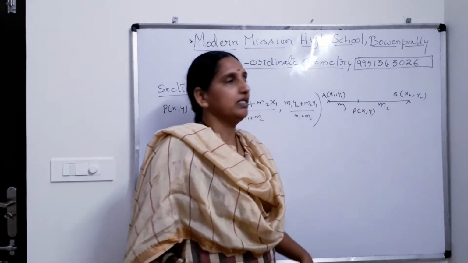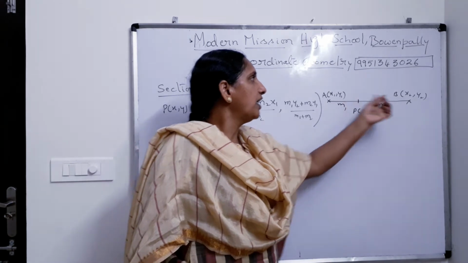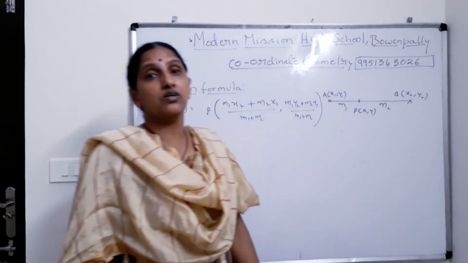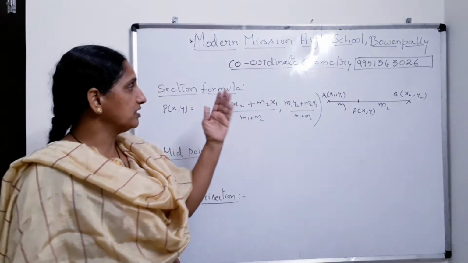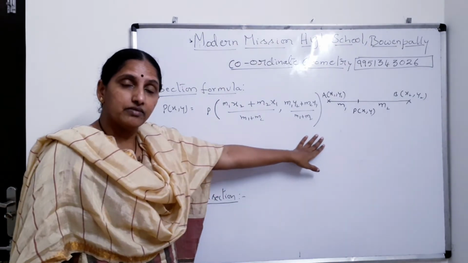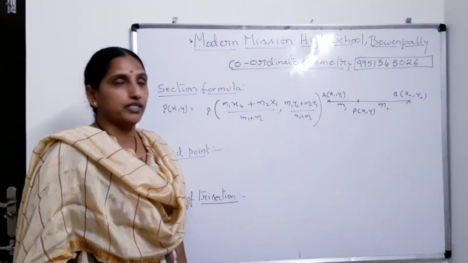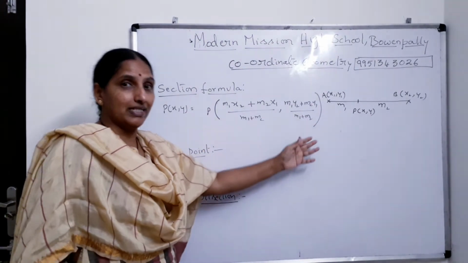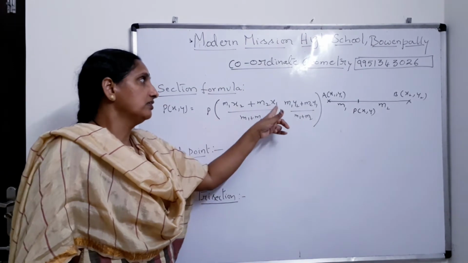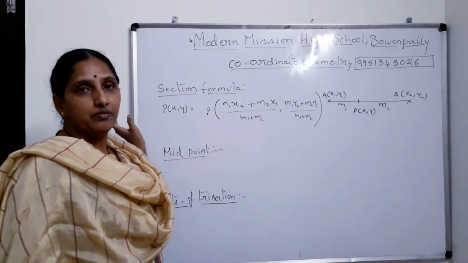The second part. m1 is the first part multiplied with the x coordinate of the second point, plus m2 x1, the second part multiplied with the x coordinate of the first point, divided by m1 plus m2.